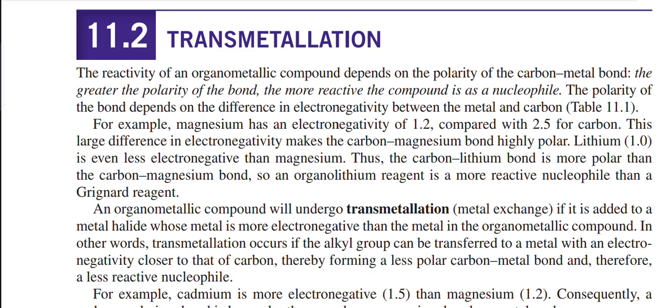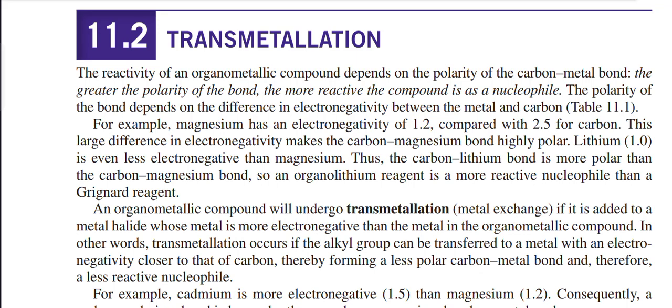The reactivity of an organometallic compound depends on the polarity of the carbon-metal bond. The greater the polarity of the bond, the more reactive the compound is as a nucleophile. The polarity of the bond depends on the difference in electronegativity between the metal and the carbon. For example, magnesium has an electronegativity of 1.2 compared with 2.5 for carbon.